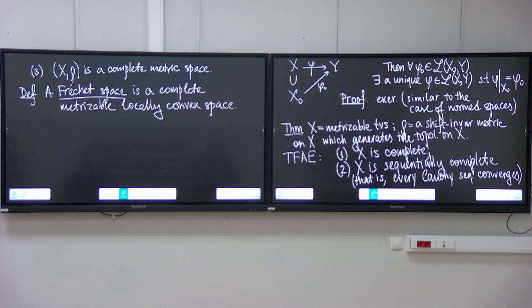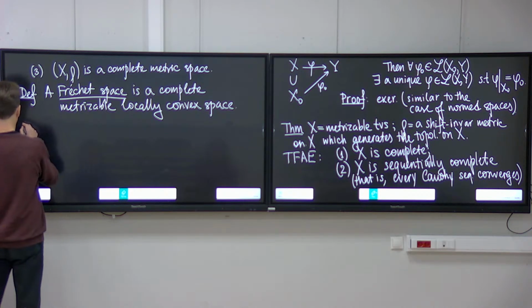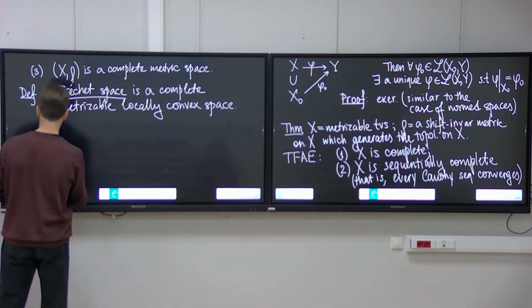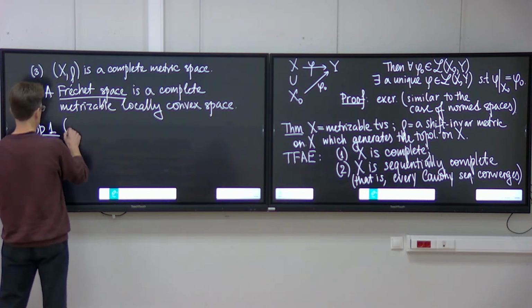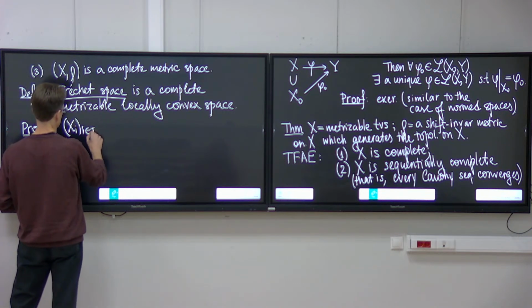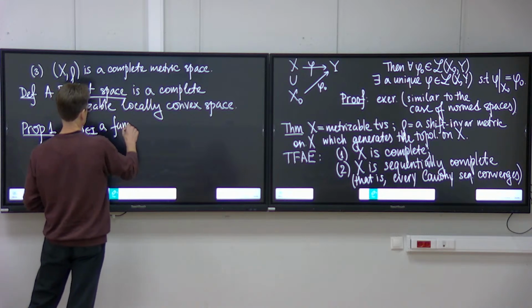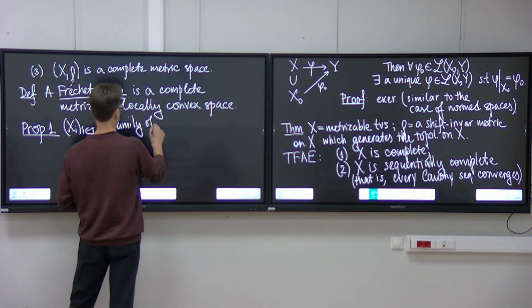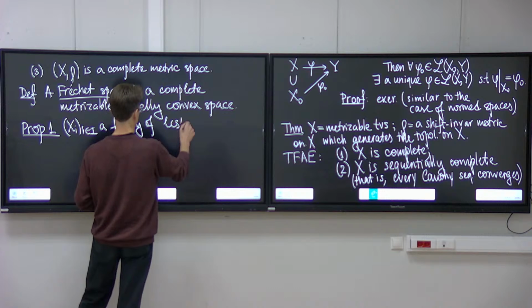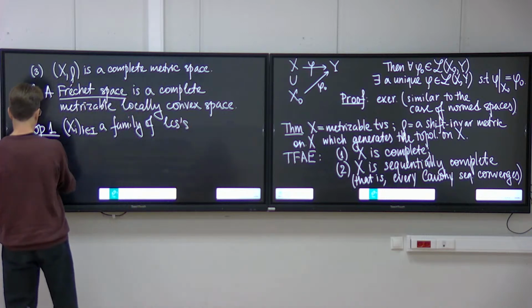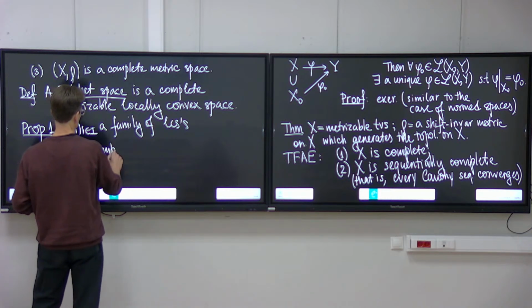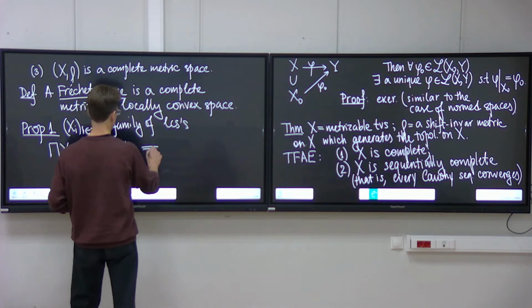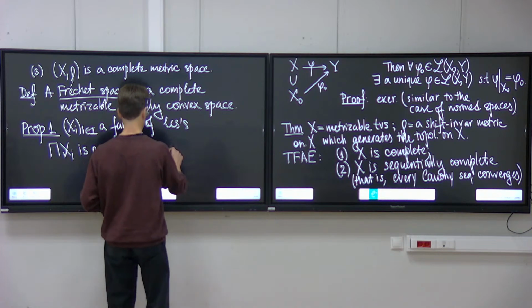Okay, let's now look at some constructions which preserve completeness. Proposition 1. You have a family X_i of locally convex spaces. Then the product is complete if and only if all of them are complete.